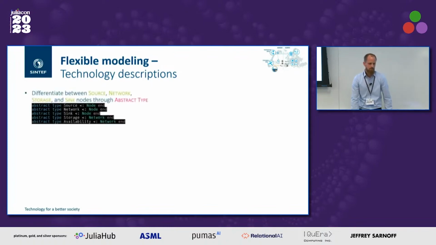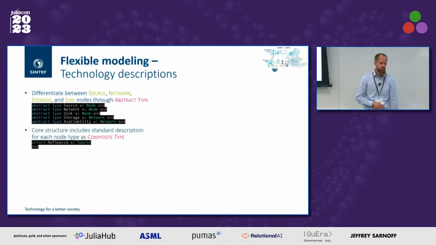For us, we implemented all of that with abstract types, which allows us to use that for the individual dispatch for the different functionalities. And if we want to have a specific technology, we use composite types, which allows us to have the parameters specifically for each technology. And similar to what was presented beforehand, we also use YAML files for providing the technology input.